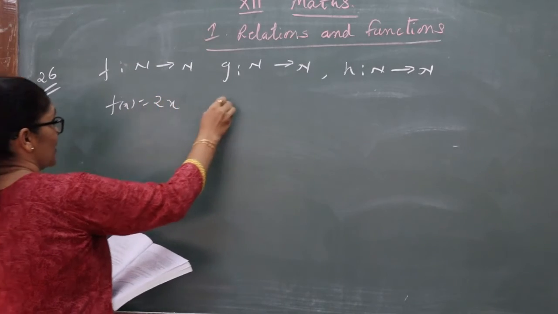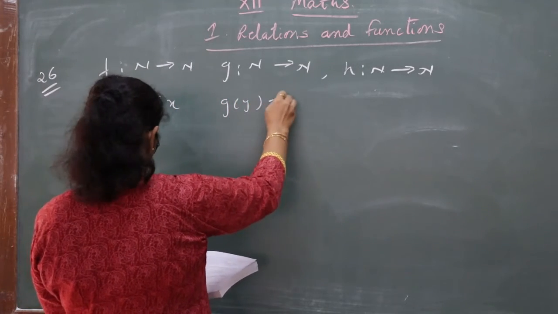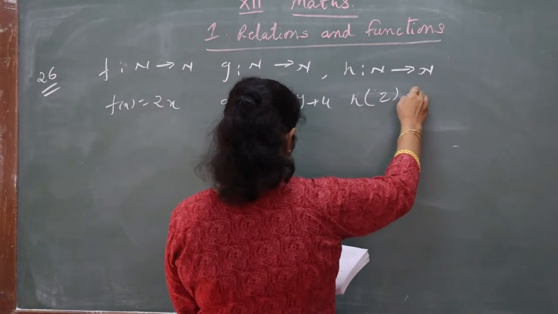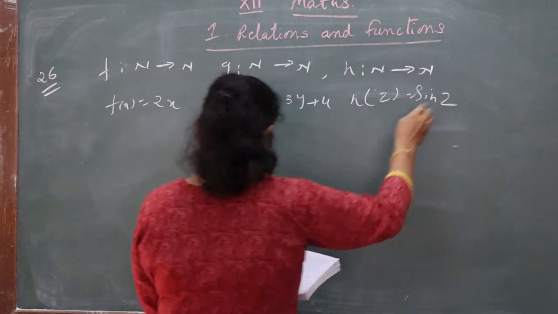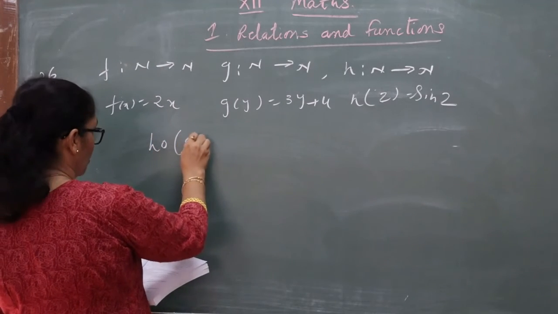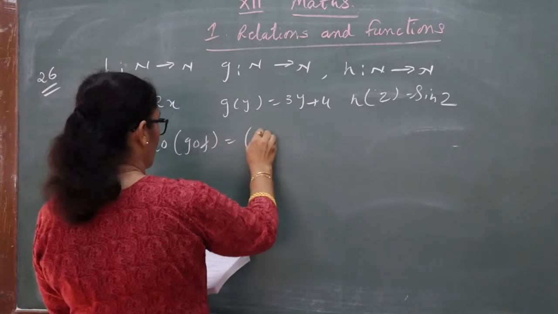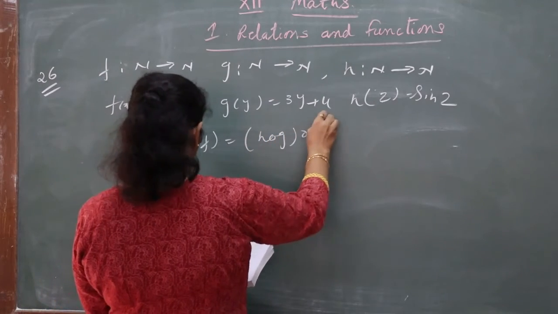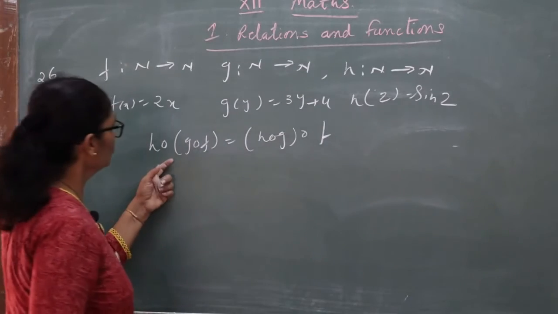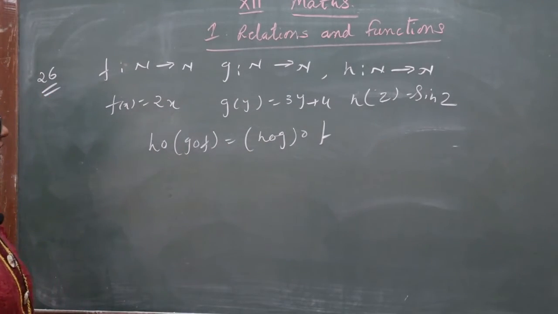That is 2x, g of y given, that is 3y plus 4, and h of z given, sin z. Now what you have to prove? H over (g over f) equal to (h over g) over f. Means you can check, we have to prove our associative law.